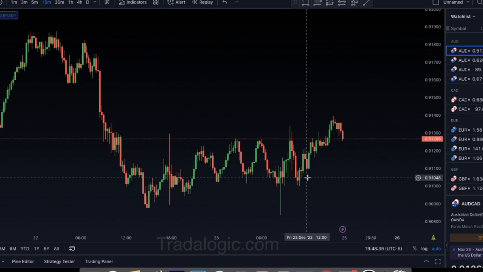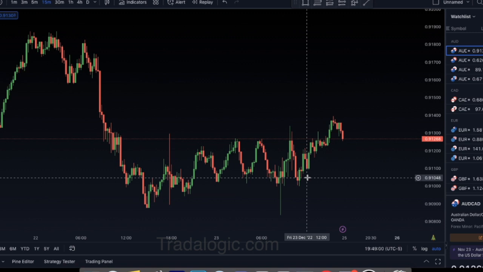We're gonna start with all the CAD. CAD and Australian pairs are probably one of my favorites because they move really slow, and I like pairs that move really slow because I don't have to worry about missing out on something just when I blink my eyes.